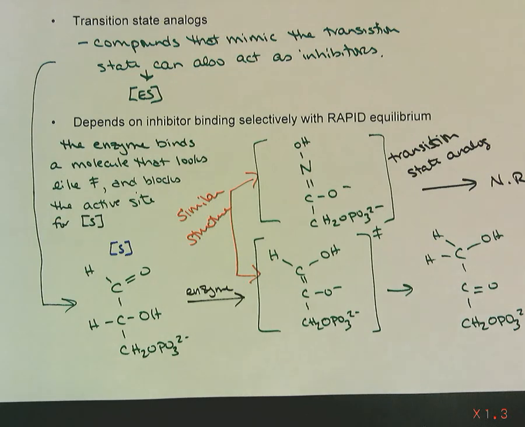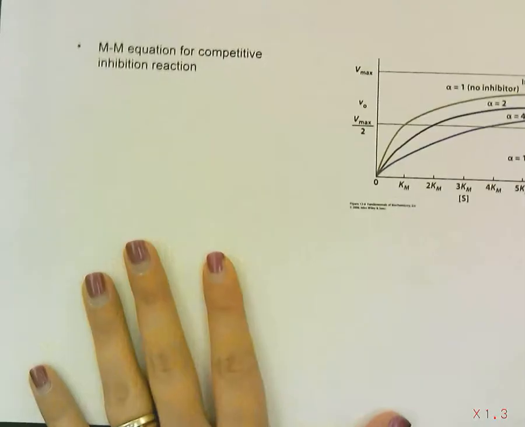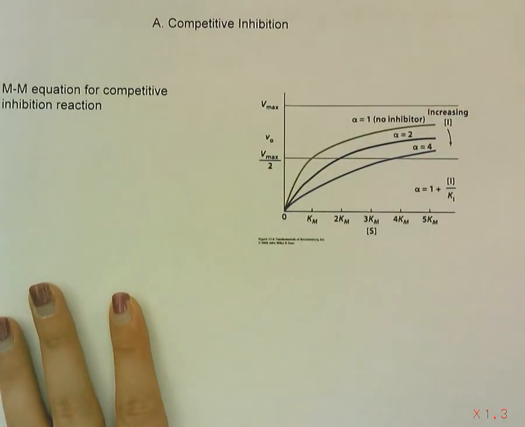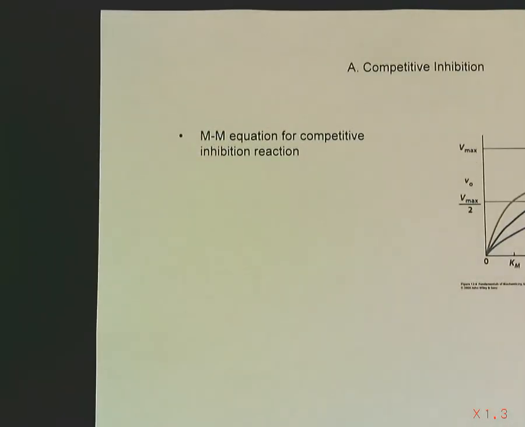Okay, so then let's take a look at how this type of competitive inhibitor affects the Michaelis-Menten equation. We'll come back to the graph. I'll work over here, then we'll come to the graph.